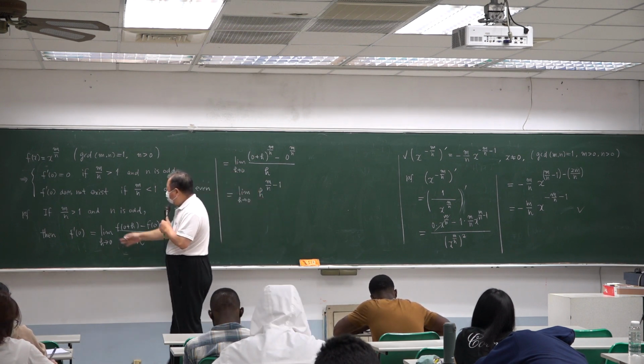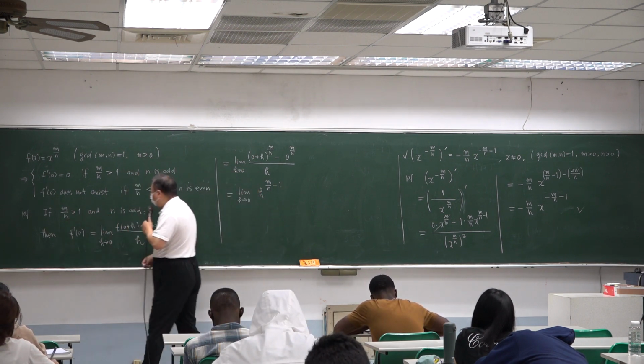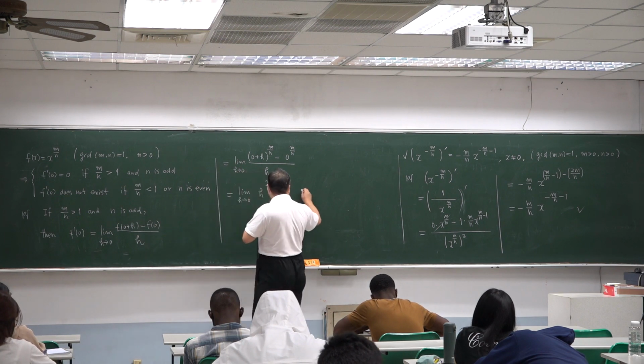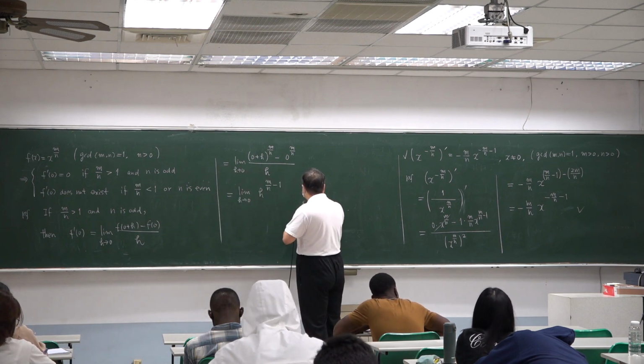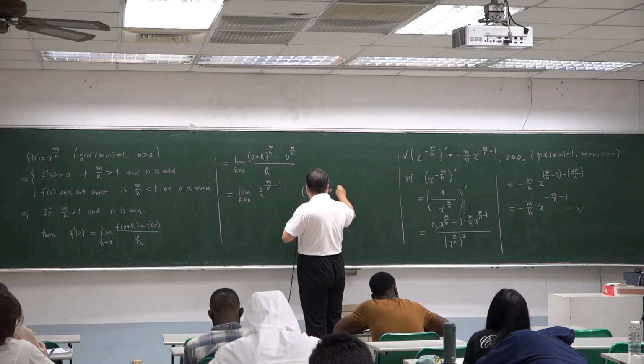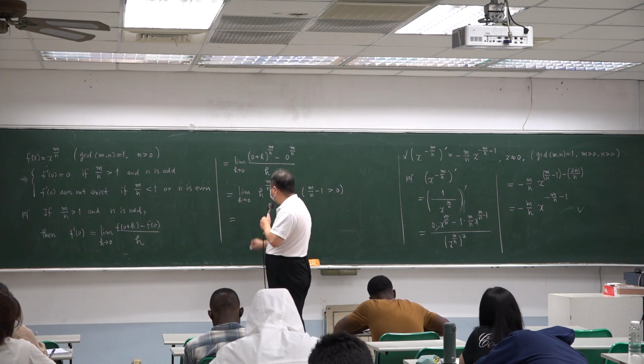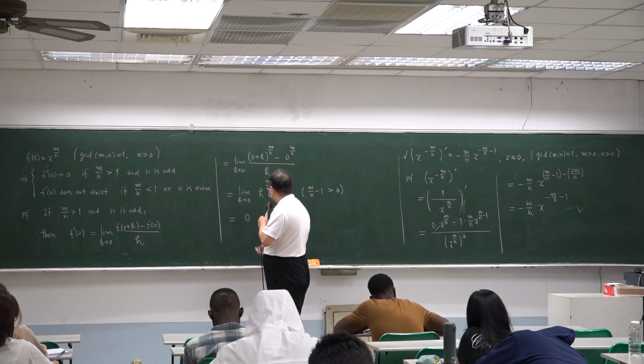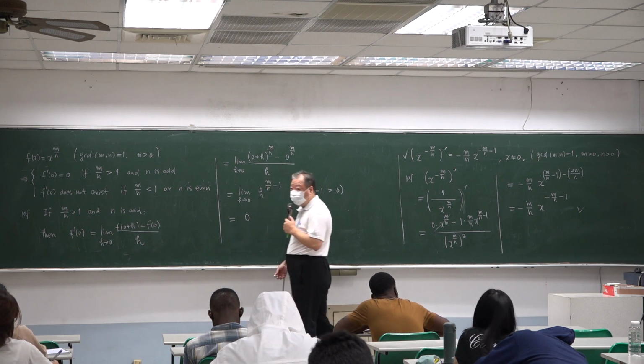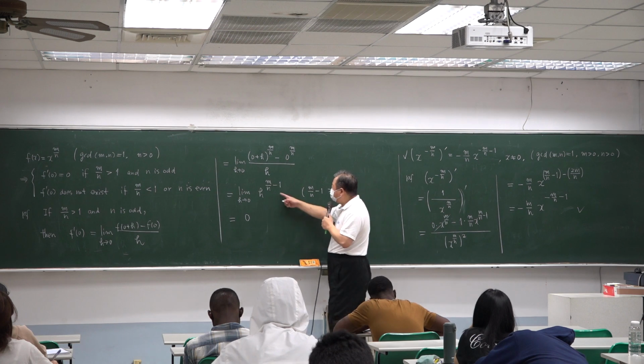Because this number is greater than 1, this is positive, a positive number. So this limit is 0. Okay.